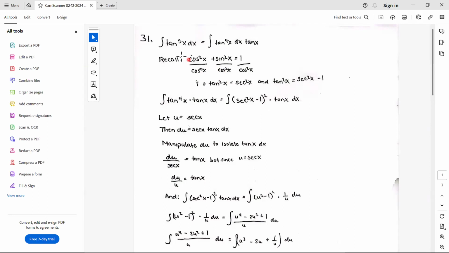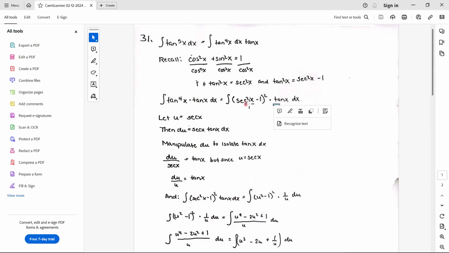Obviously, we need tangent squared. So I'm going to manipulate that to get tangent squared x equals secant squared x minus 1. Then I can write this integrand as secant squared x minus 1, quantity squared, times the tangent of x. And I have a similar problem to what I had in the other one we just did, where u is the secant of x.